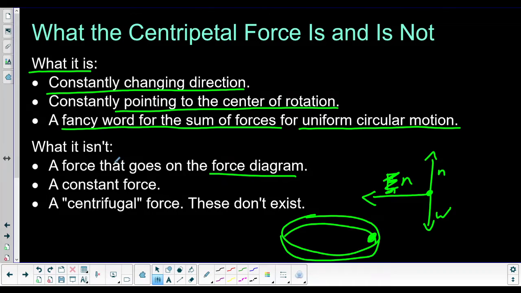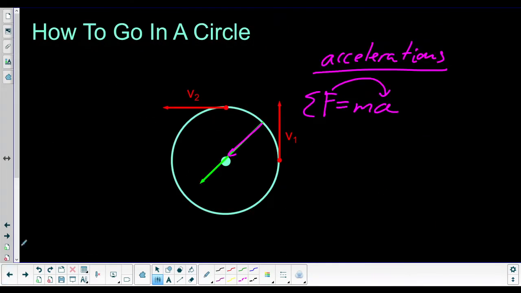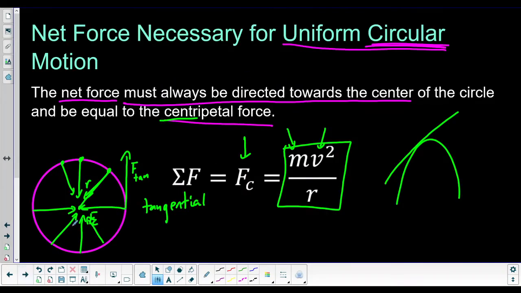Okay. It is not a constant force. Here's why it is not a constant force. Force is a vector, much like velocity. So the same way we can't say that this is a constant velocity because it changes direction, we can't say this is a constant force because it changes direction.